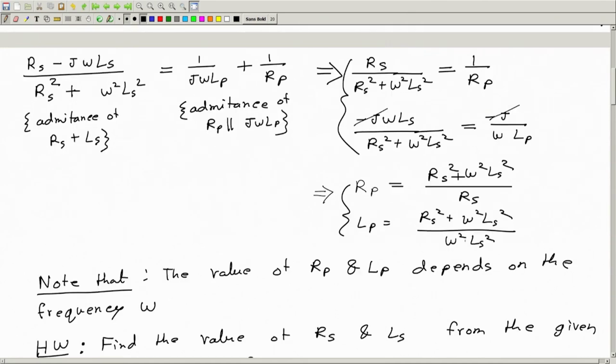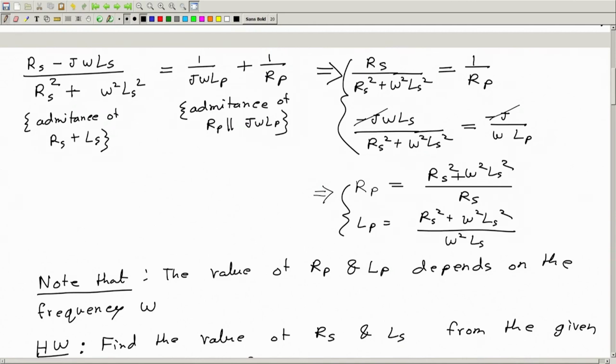So, I made a silly mistake here. This does not have a square here. This is omega Ls, and omega square is because of this omega. Ls should not have any square.